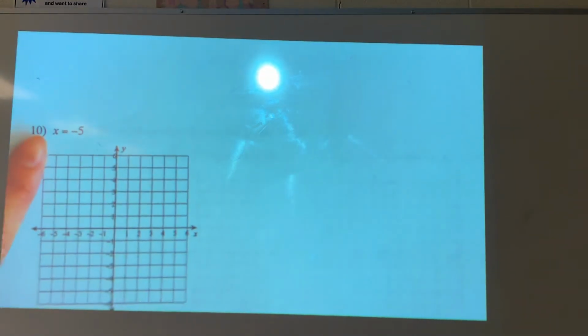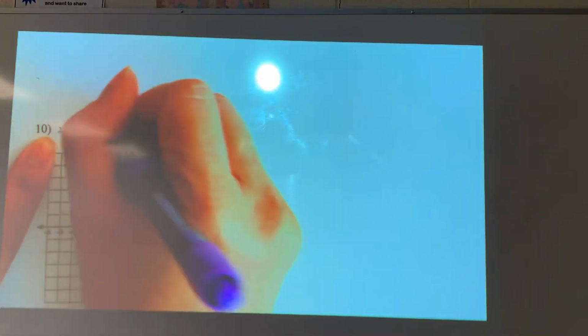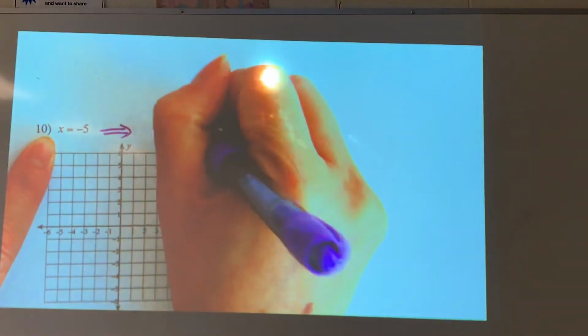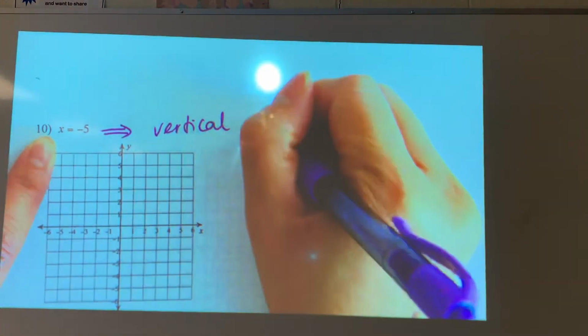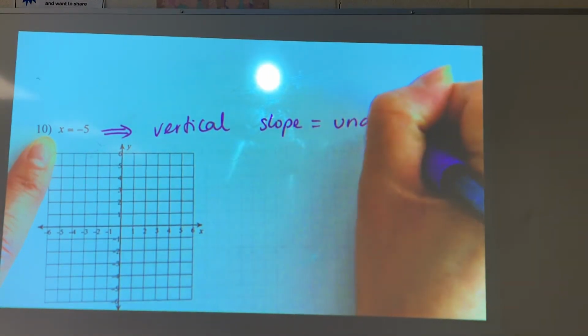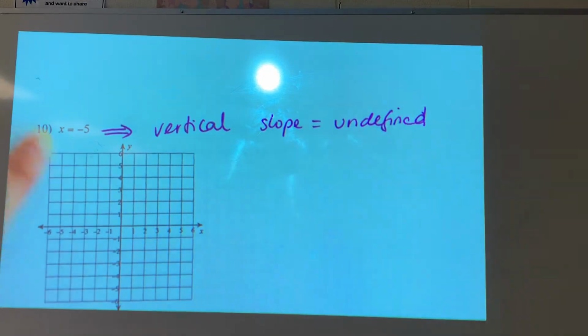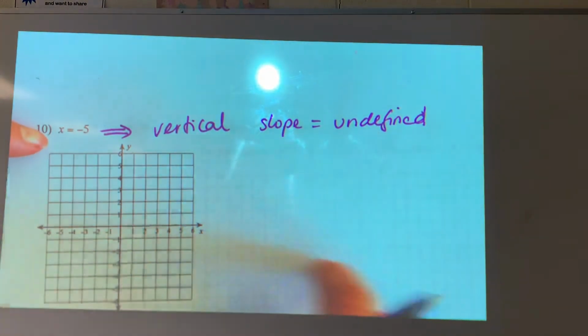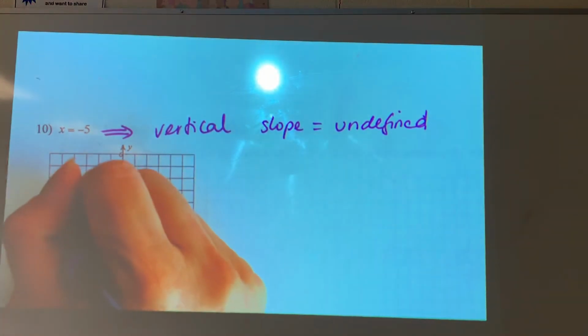Okay, for 10, this is a special line. This one is called a vertical line, where the slope is undefined. This is x only, so that means it cuts through the x-axis only at -5.